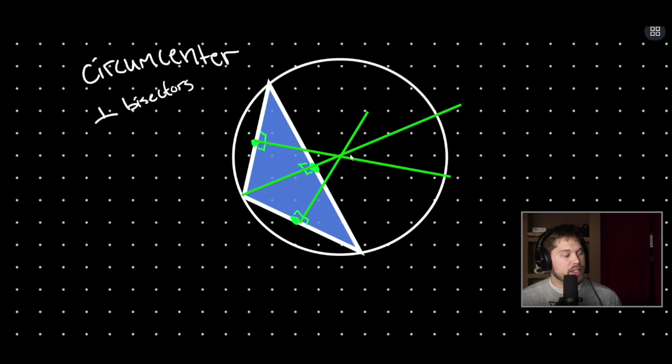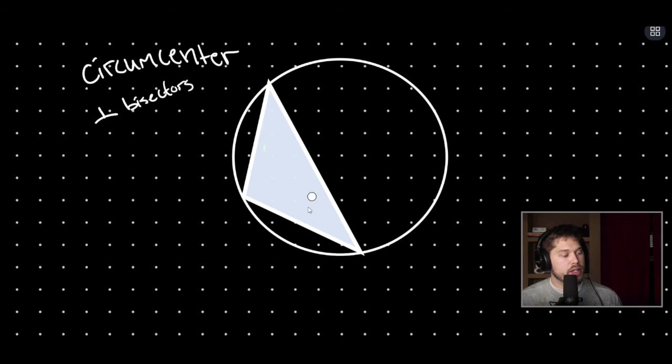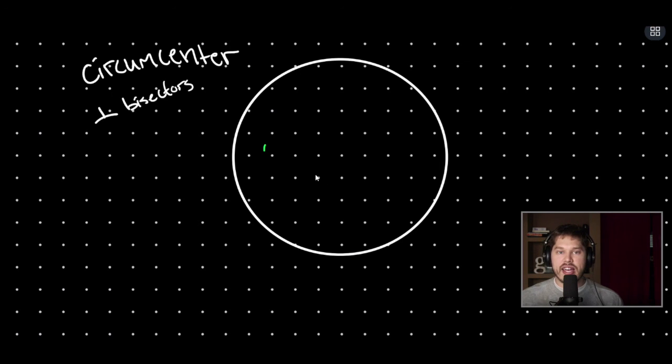Let's do a quick example. I'm going to use a right triangle just because right triangles are the easiest ones to deal with, but this is actually true for any triangle: Euler's line is made from the centroid, the orthocenter, and the circumcenter.